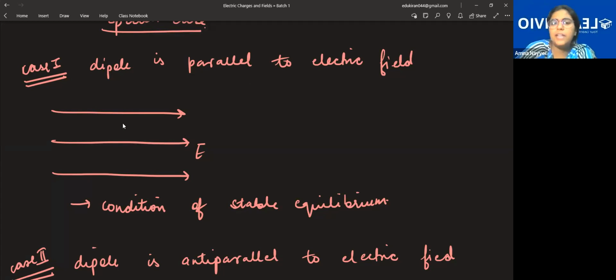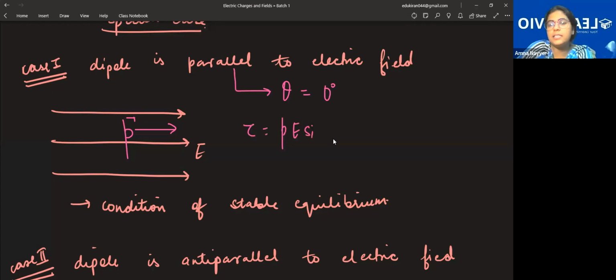See, suppose this is the dipole, this is kept parallel to electric field. What is the angle between dipole and electric field now, if they are kept parallel? 0, not 180. They are in the same direction. So 0 degree. Whenever two things are parallel, remember their angle will always be 0 degree. So torque is P E sine 0 degree.